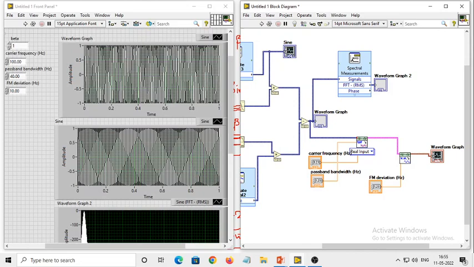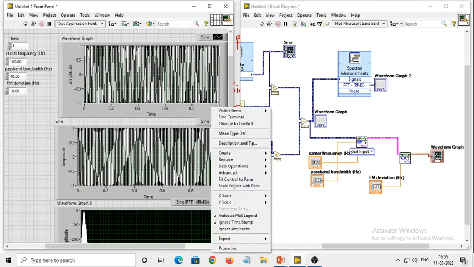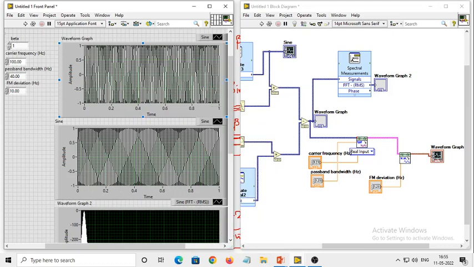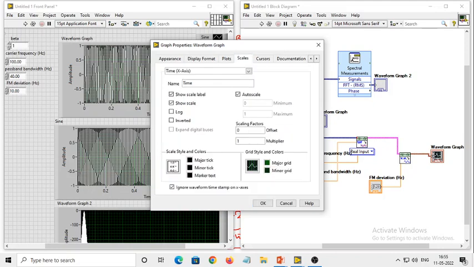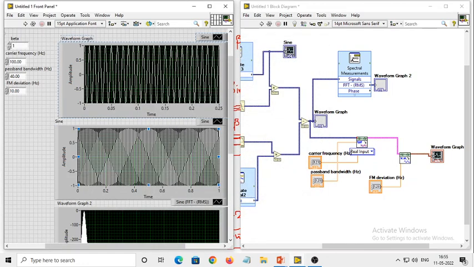So whenever you are having this trouble of change in the axis, you just right click on the graph, go to the properties, then in the scales you can uncheck this auto scale and you can give whatever limit you want, press OK.